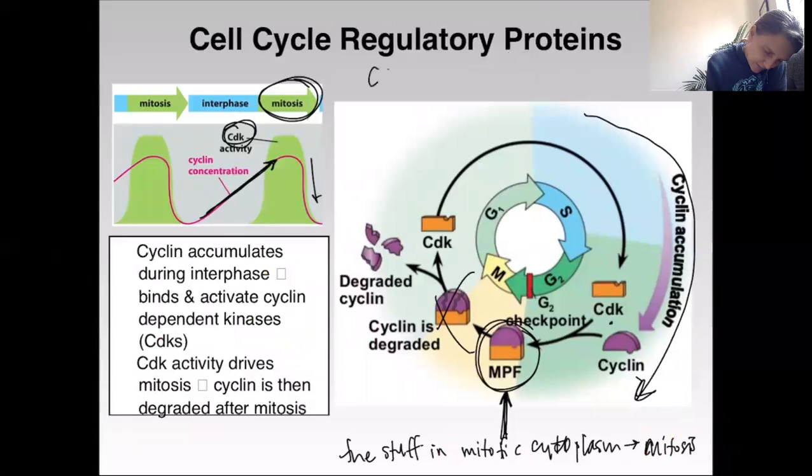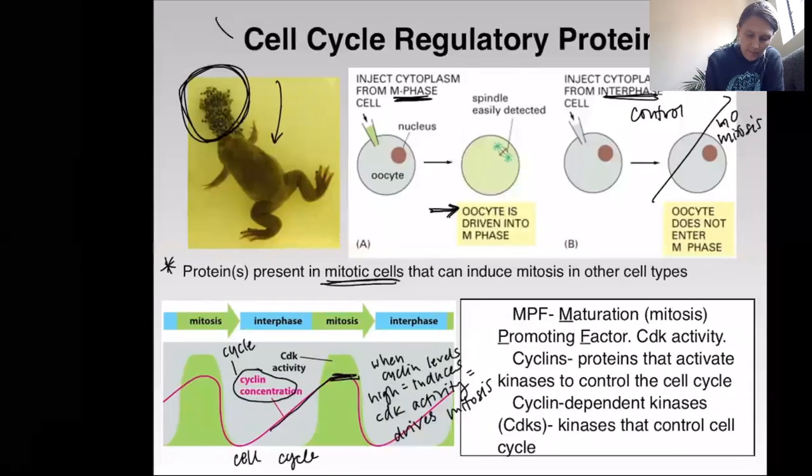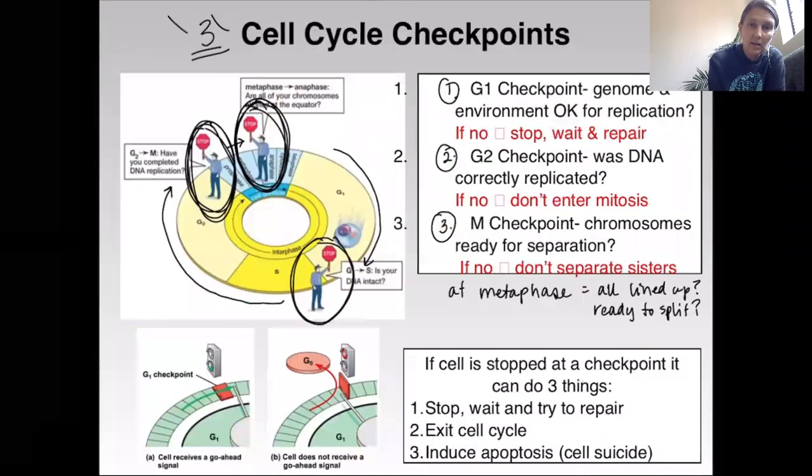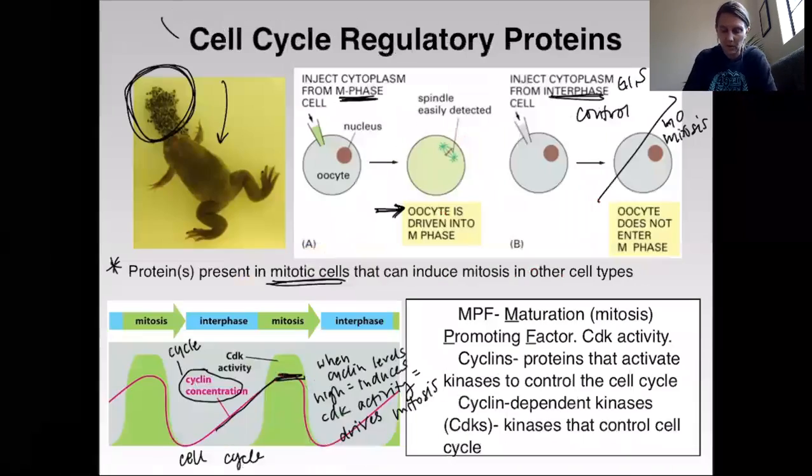But again, all cancer is, is uncontrolled cell division, right? So very often what you're doing is screwing up either these cell cycle regulatory proteins or these cell cycle checkpoint proteins, right? And if you do that, then that will cause your cancer, all right?